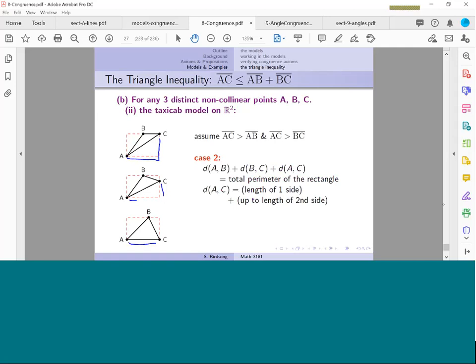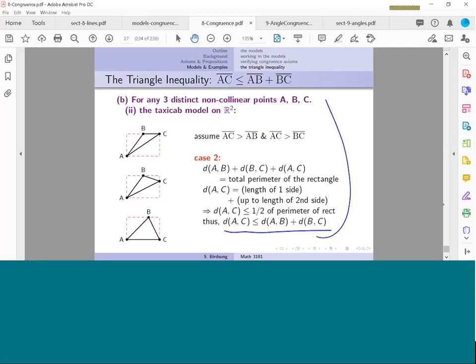In terms of the percentage of the perimeter of the rectangle, at most you are going to get up to half the perimeter, which means, from that first comment, the sum of the other two sides of your triangle has to make up the rest of the perimeter, so the other half or more than half. Since it could be more than half, that's where you get this inequality. And once you have that inequality, you're going to automatically get the inequality on the line segments as well.